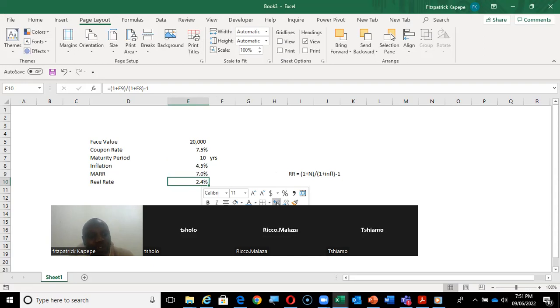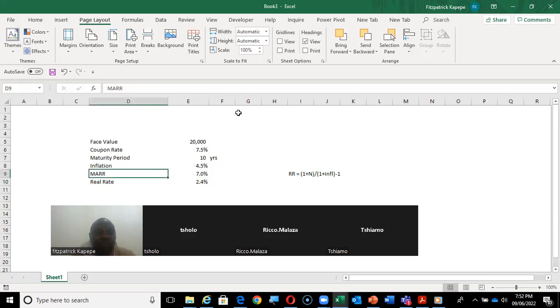We use the coupon rate to know how many coupons will be accruing to the investor. That's the only place you're using the coupon rate. But eventually you need to do the discounting, so these are the numbers you have to use for discounting. This MAR is basically a proxy of the nominal rate.